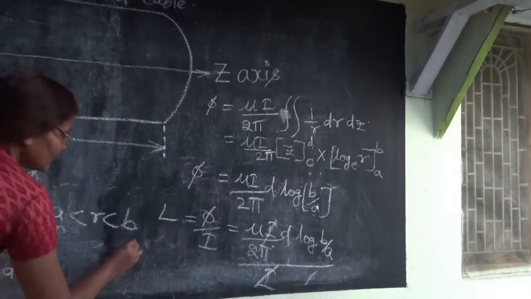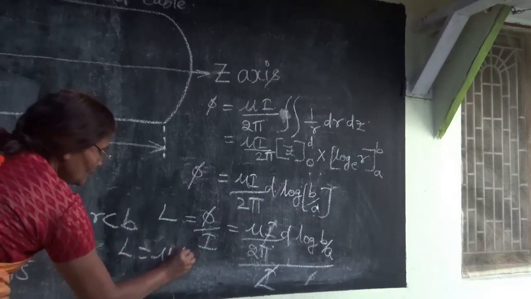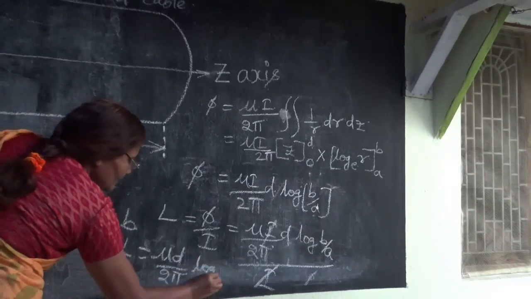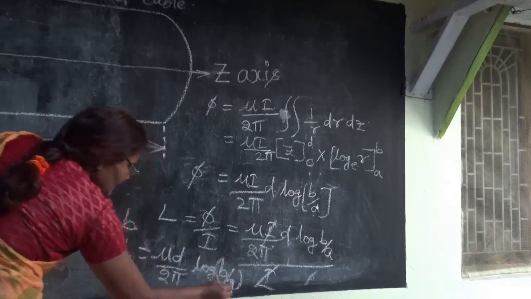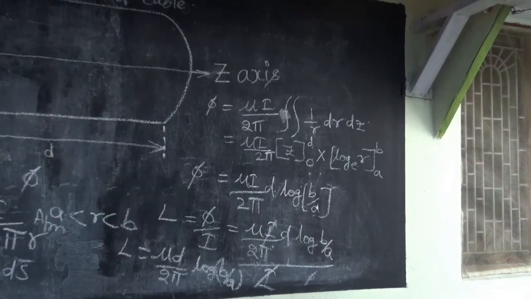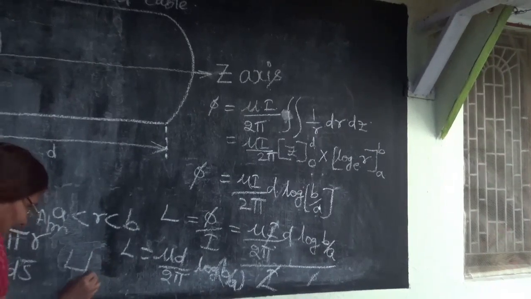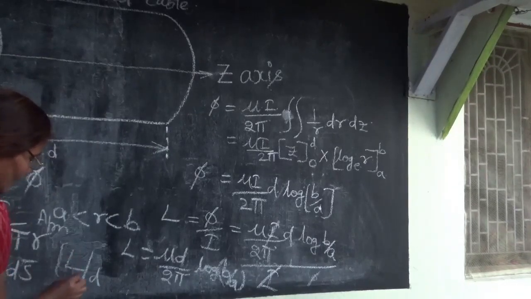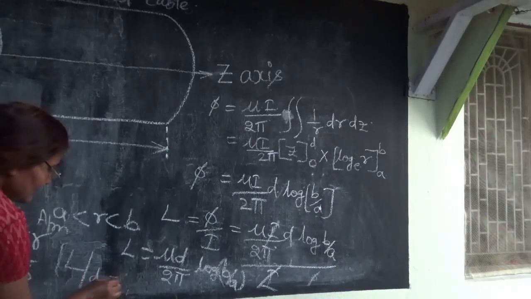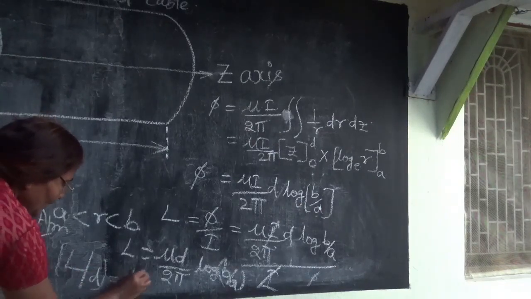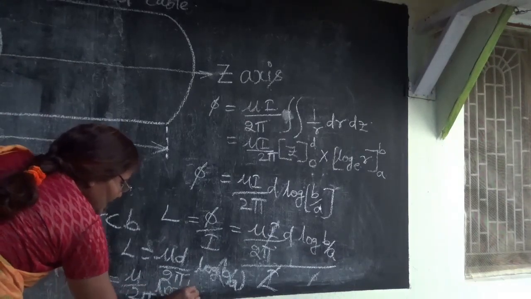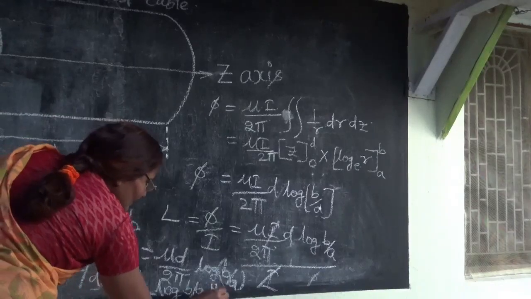So this L is equal to mu d by 2π log b by a. This is the inductance. And there is another form of the inductance. Inductance per unit length. L by d is going to be mu by 2π log b by a Henry per meter.